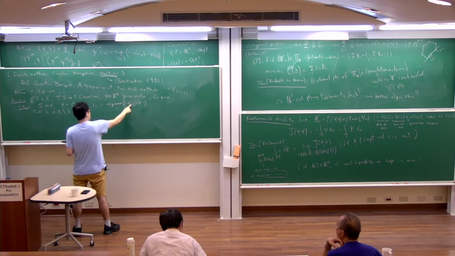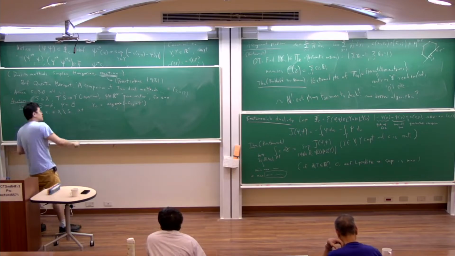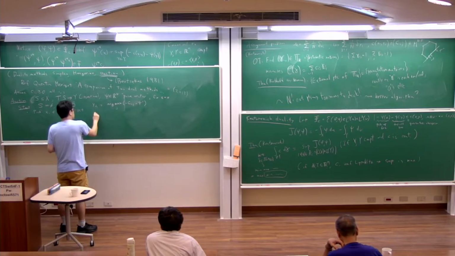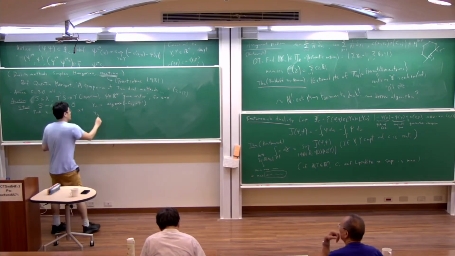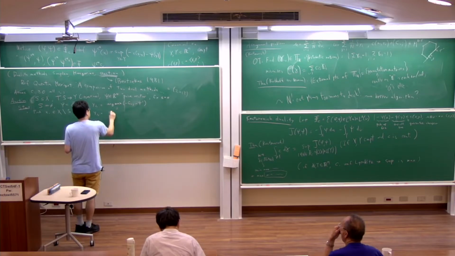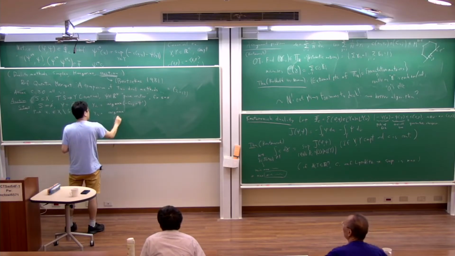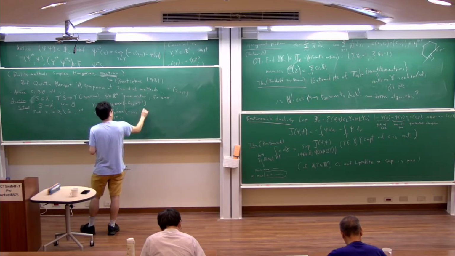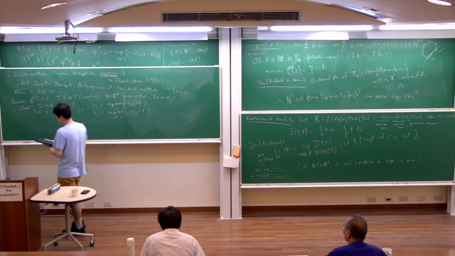This i is the same i as here. I want to maximize this over all possible j's. And then I take another y, which I'll call yj2, and this is the same thing, but I will remove this j1. So I have two different objects in Y.